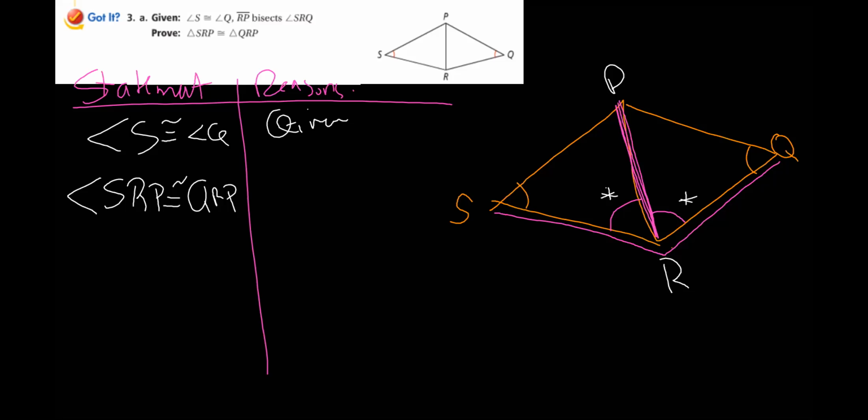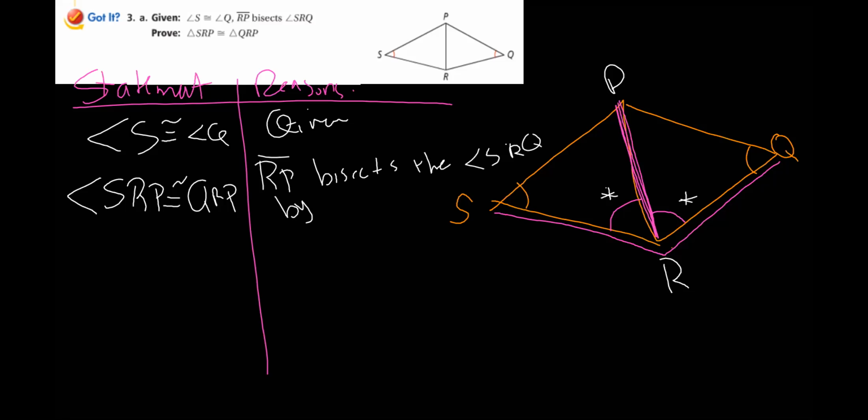So I would say that because RP bisects the angle SRQ, they are equal by the definition of angle bisector, as we said before.